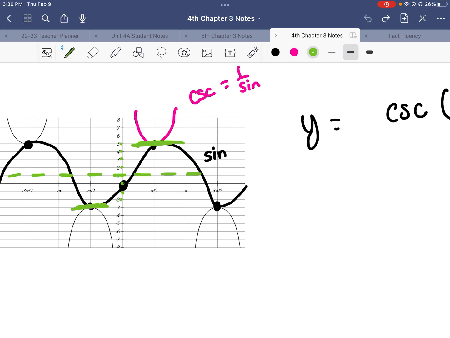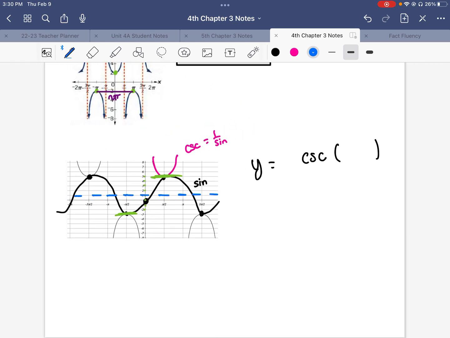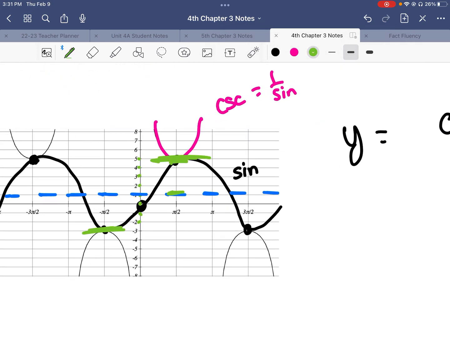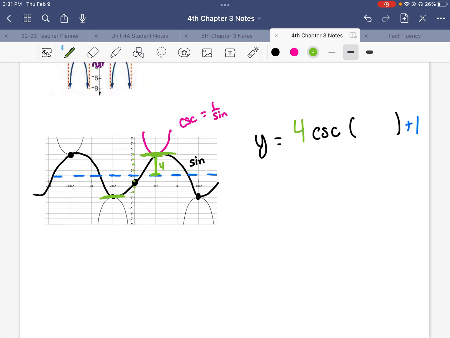Okay. And so our baseline being shifted actually goes with our B value, right? So our B value is going to be +1. Okay. So we know that right now. And then we can kind of go from there and we can say, okay, so from our baseline to this point is 4. So that means that it has also been stretched by 4.